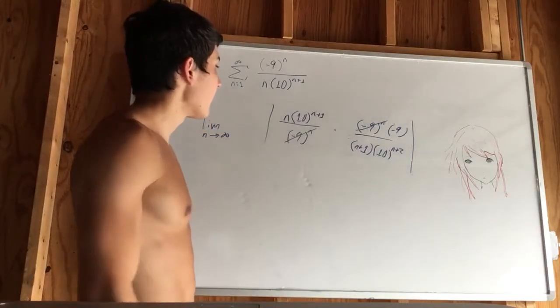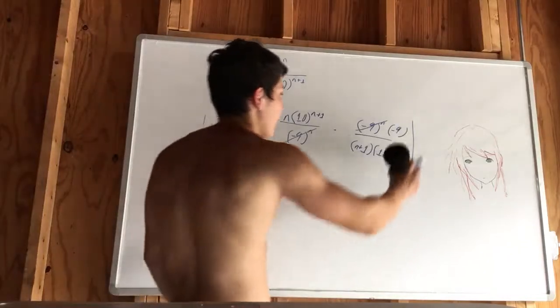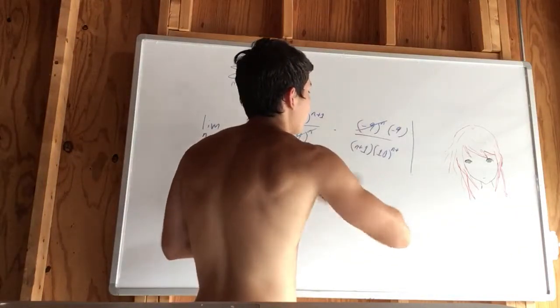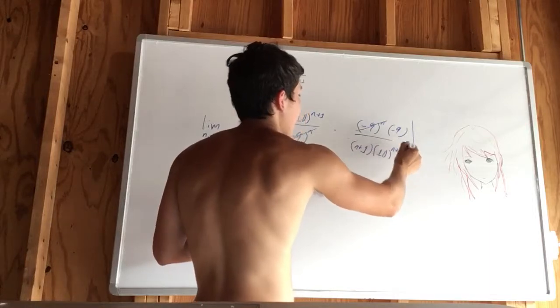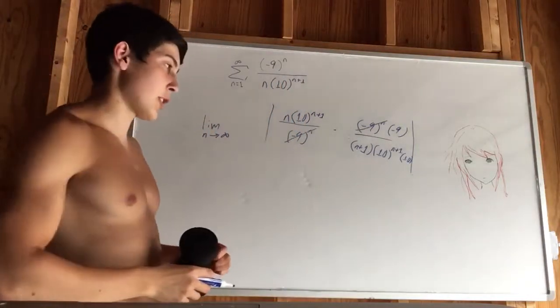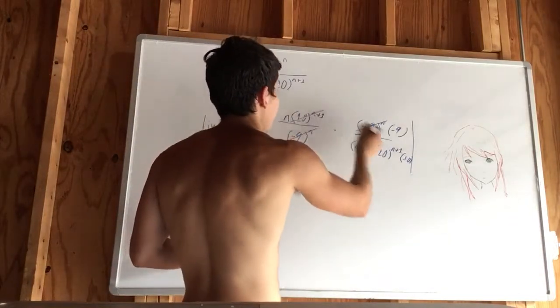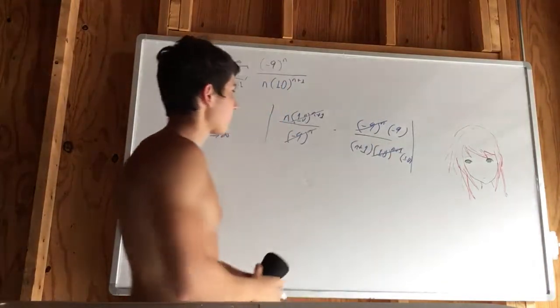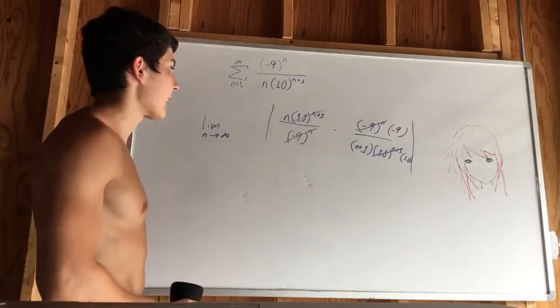What else? We do have 10 to the n plus 1 times 10, which is the same thing as 10 to the n plus 2, so this cancels out. That seems like that's everything that cancels out.